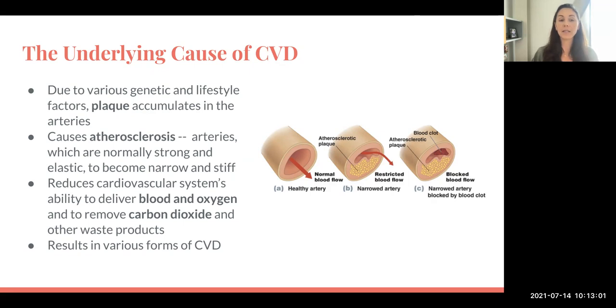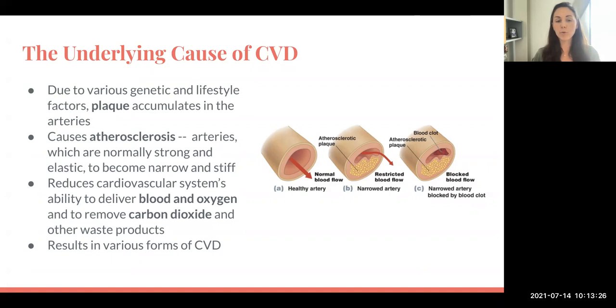And now these plaques develop from the accumulation of things like cholesterol in the blood, and this can lead to things like high blood pressure and our resultant cardiovascular disease outcomes. It also limits our body's ability to bring oxygen to our tissues that we need around our body. So it can make our other organs and systems function more poorly.